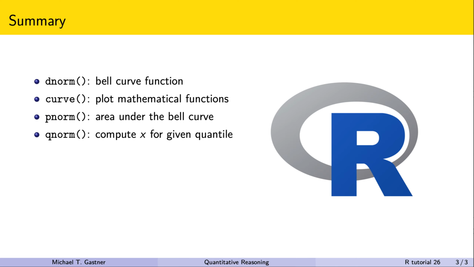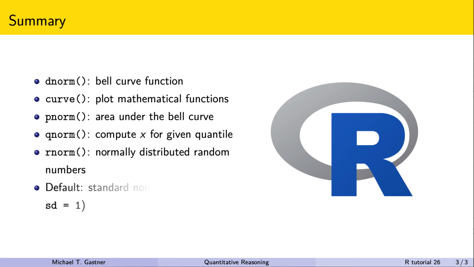Conversely, if we're given the area under the bell curve, we can compute the corresponding x value with qnorm. We generate normally distributed random numbers with rnorm. If we leave out the arguments mean and sd, R assumes that we want to find values for the standard normal model. As an exercise, confirm the results of the textbook's worked example on pages 142 and 143 with R.